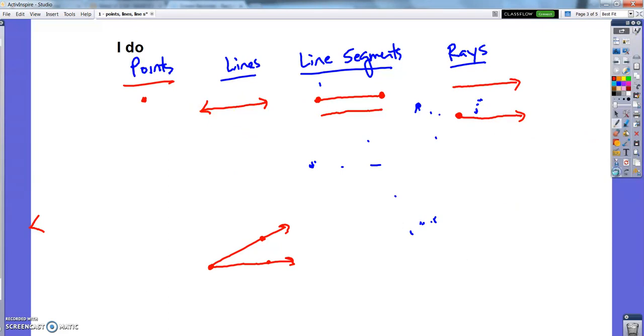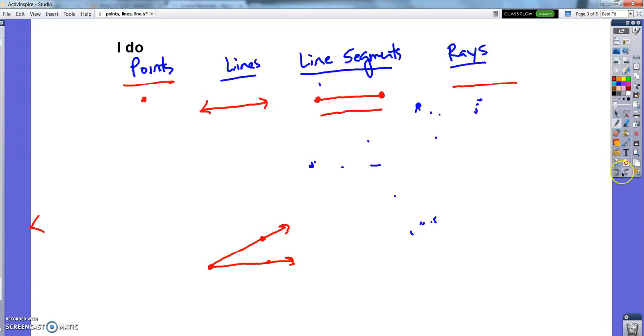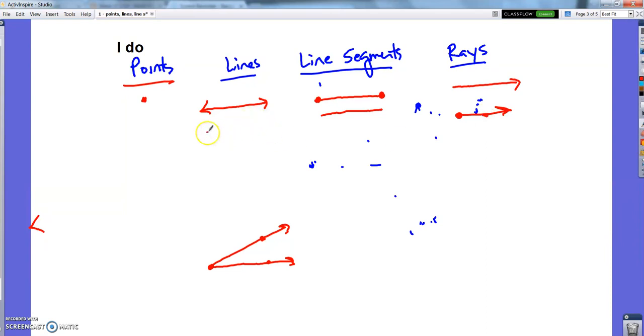Most often you'll see line segments used to draw shapes. Most often you'll see rays used to draw angles, and lines you don't see as much.